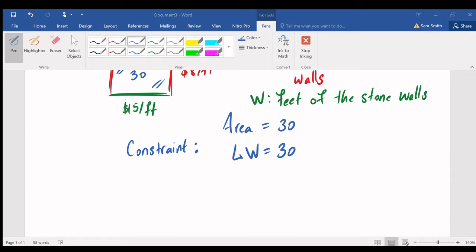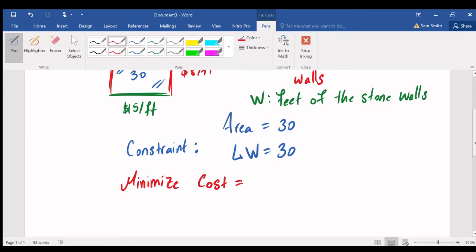Now, my second requirement is to have the lowest possible cost. Minimize cost. So let me try and come up with an equation using the letters L and W that represents the cost of building this garden.